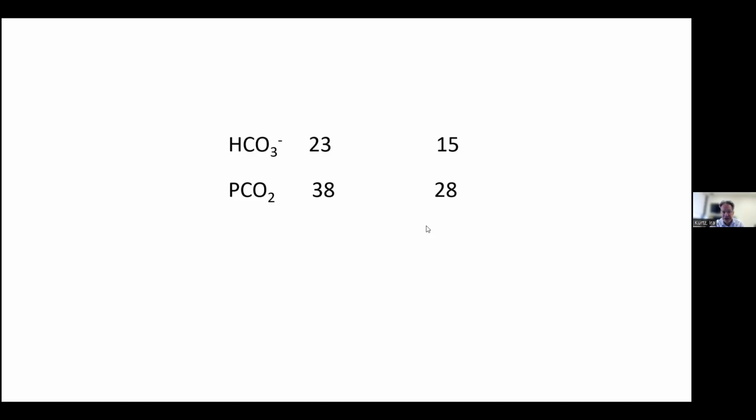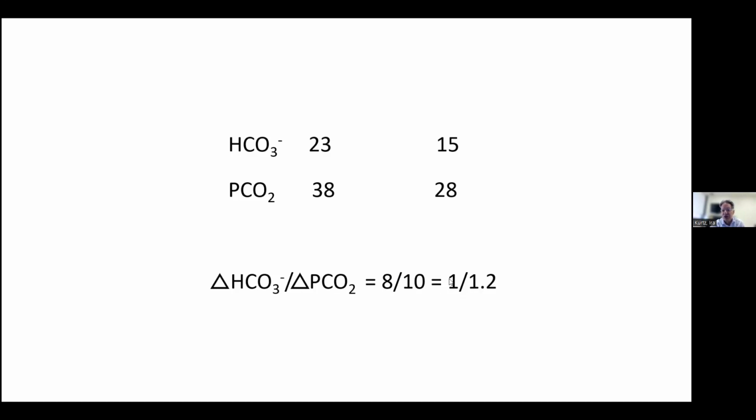So what is the change in the PCO2 to change in bicarbonate? Again, you just subtract from what the original numbers were. And in this particular patient, the bicarbonate changed by 8 and the PCO2 changed by 10. And we simplify that to a change of 1 to 1.2.